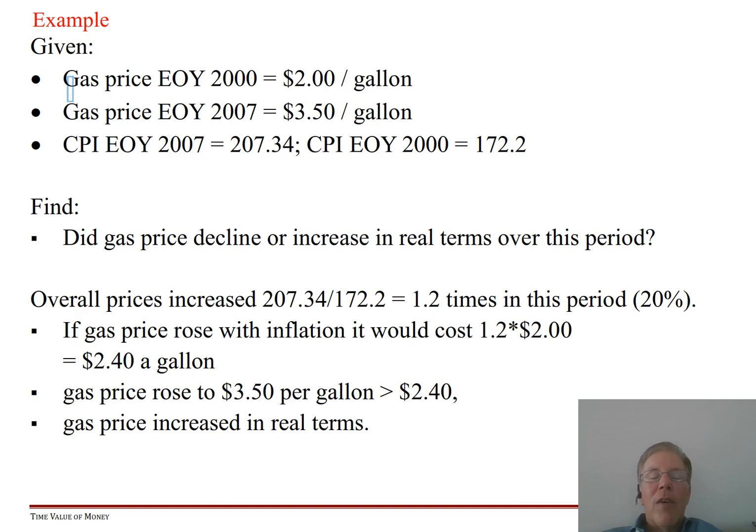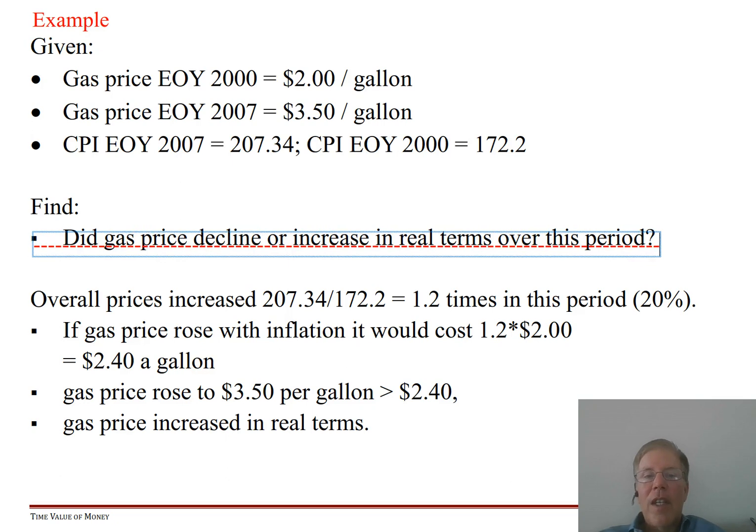We can look back and see that the CPI at the end of 2007 was 207.34, and the CPI at the end of 2000 was 172.2. With this knowledge, we can answer questions like this: did the gas price decline or increase in real terms over this period?